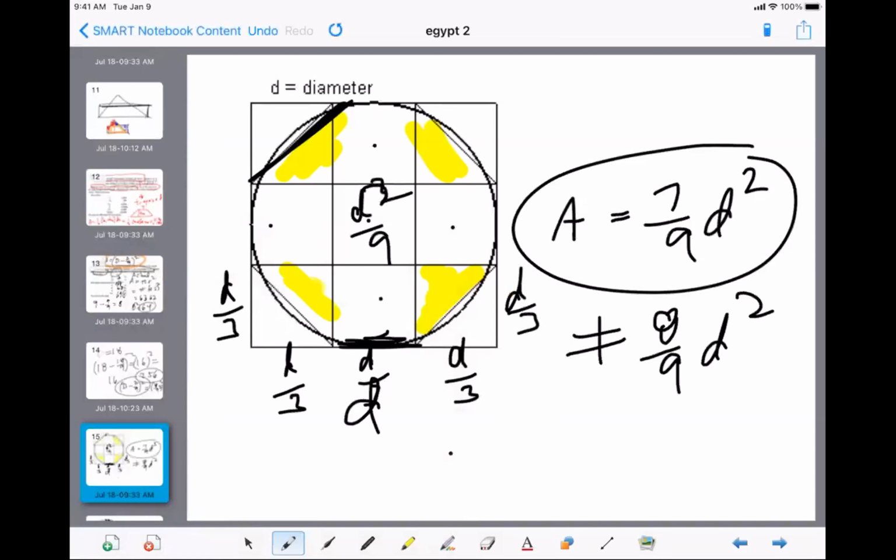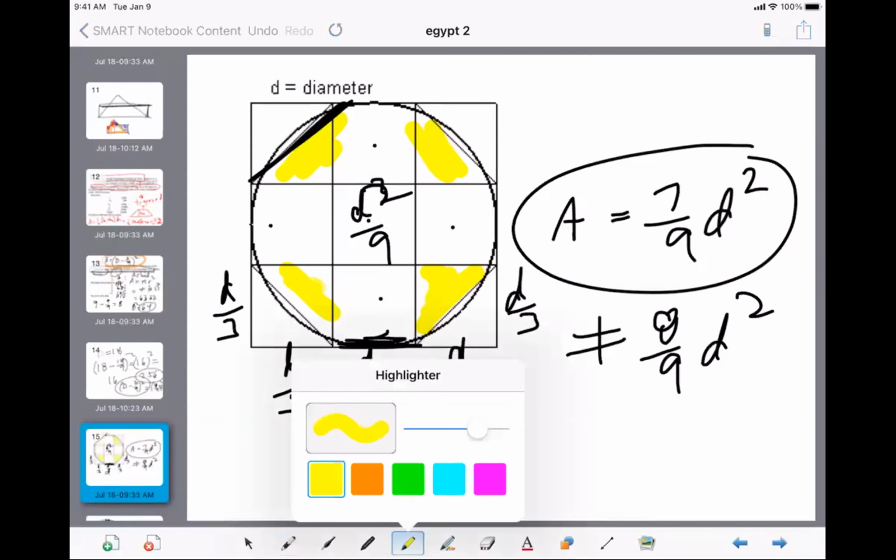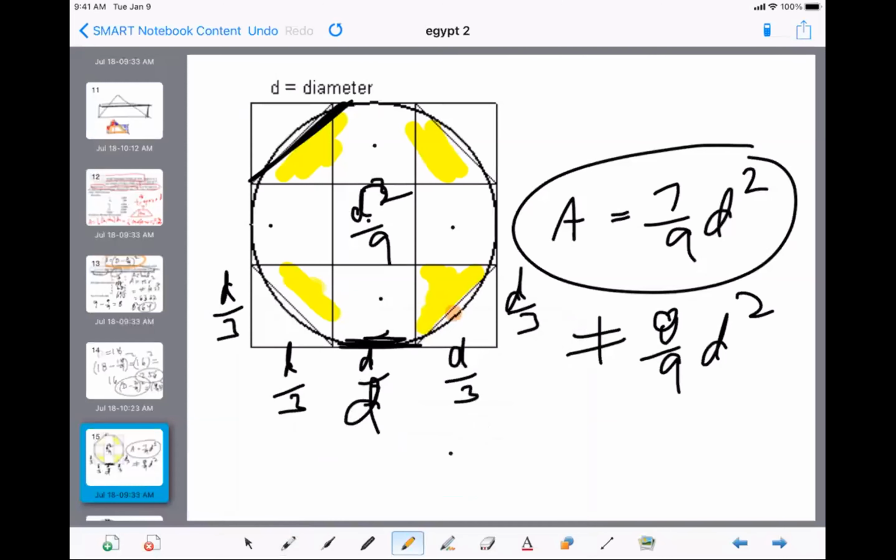Some people said, well, maybe they saw it was 7 ninths, but they also saw that this octagon is not exactly equal to the circle, and that the area needs to be a little bit bigger because we need these little circular arcs added in.